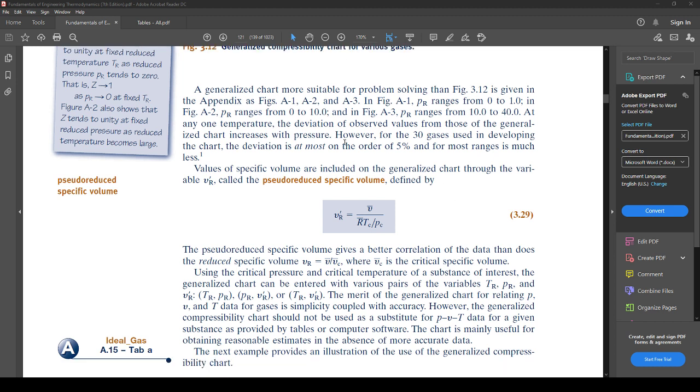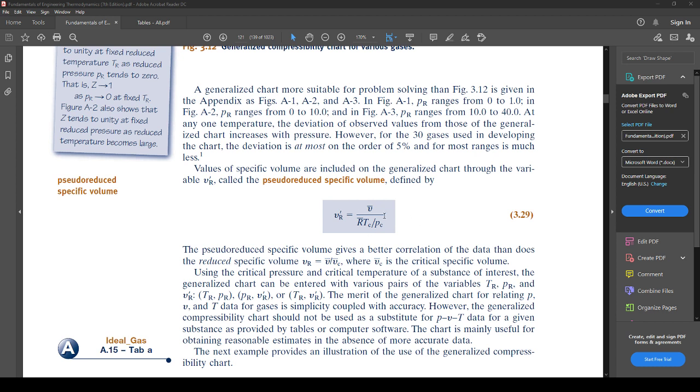So really quickly, it just describes each chart. It says, however, for the 30 gases used in developing the chart, the deviation is at most on the order of 5%, and for most ranges is much less. The value of specific volume is included on the generalized chart through variable VR prime, called pseudo-reduced specific volume.